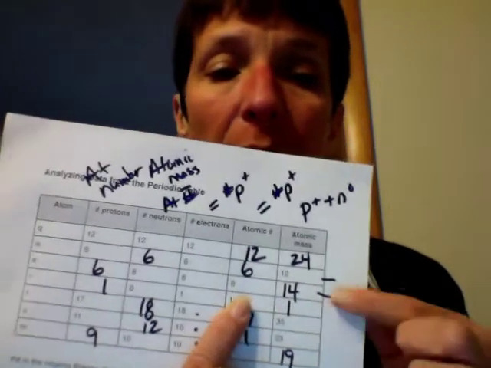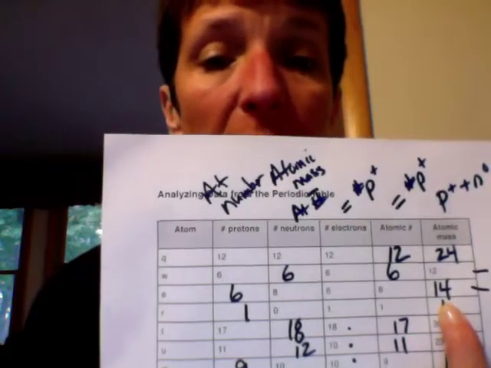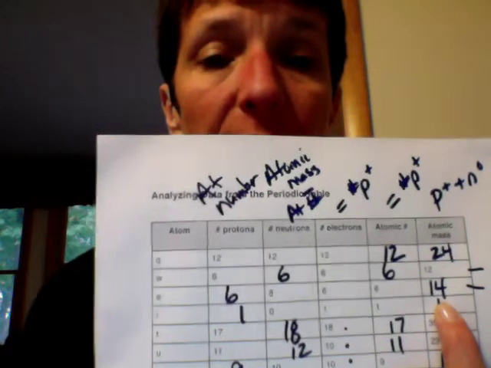That means my number of protons has to be 6. So in E, you need to fill in 6 for that number. To find my atomic mass, I've got to take my protons and my neutrons and add them up. I have 8 neutrons and 6 protons, which means I'm going to end up with 14 as my atomic mass.